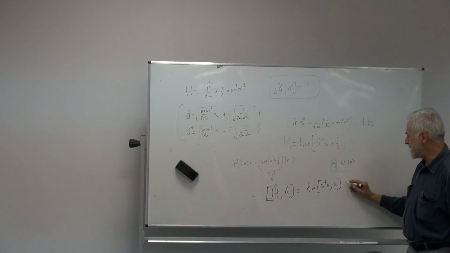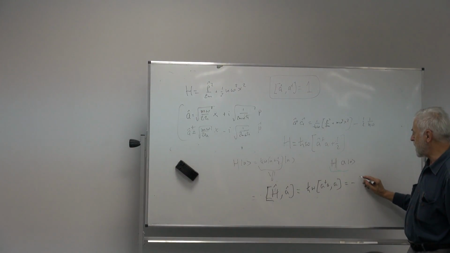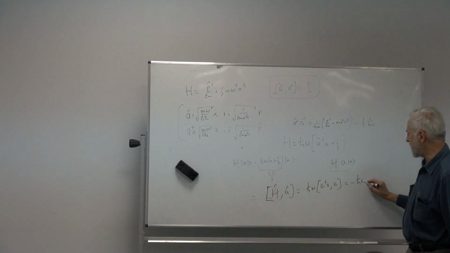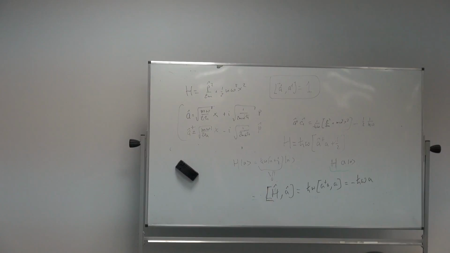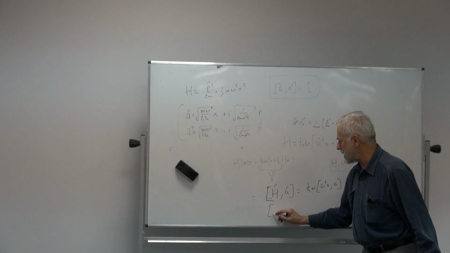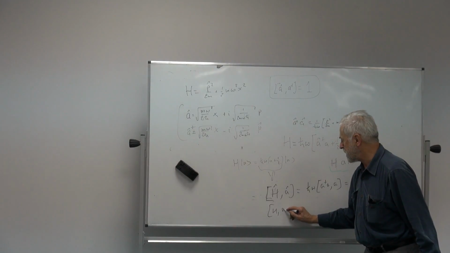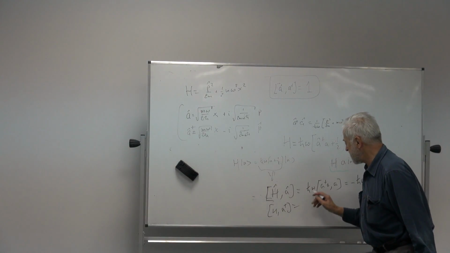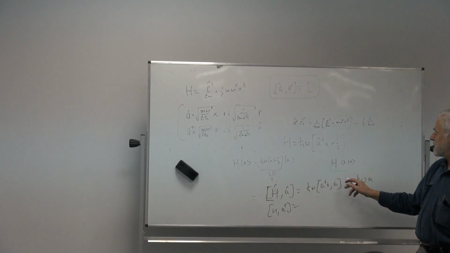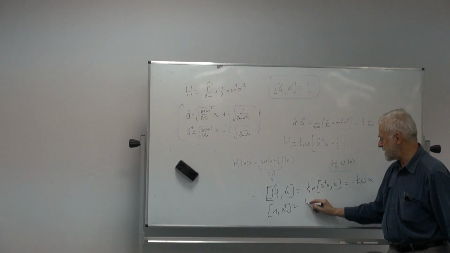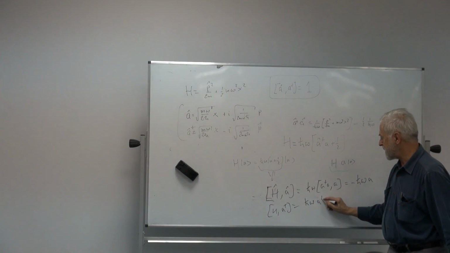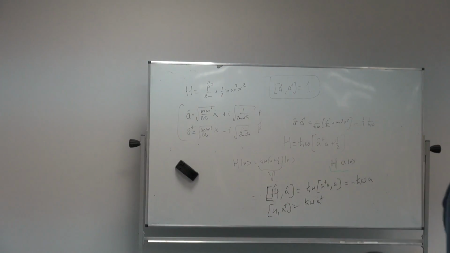So the resulting formula is minus h bar omega times A. Analogously with A dagger, same thing, except that now it is in the right order, so this is plus h bar omega times A dagger.